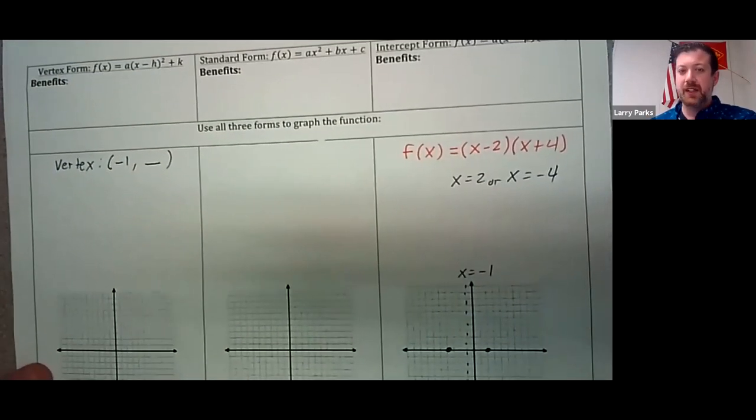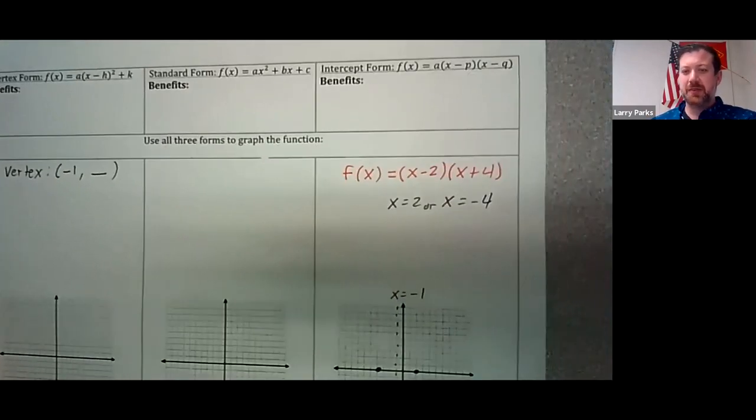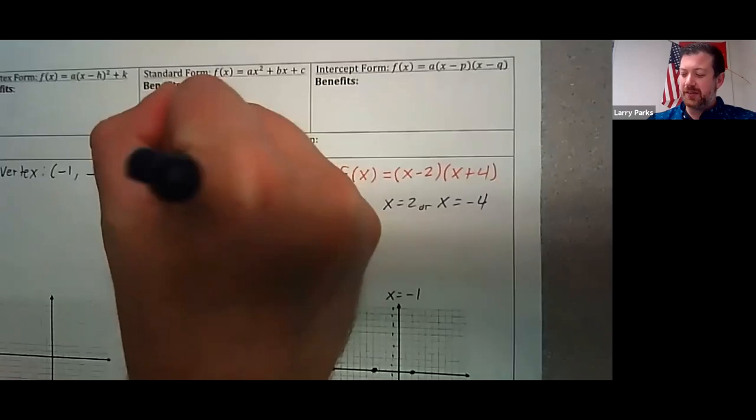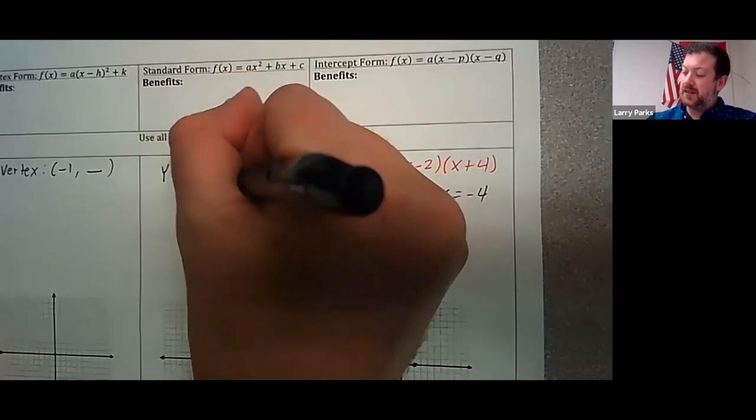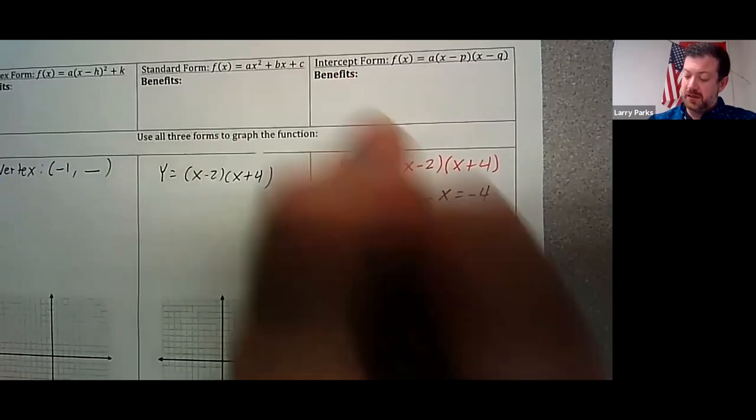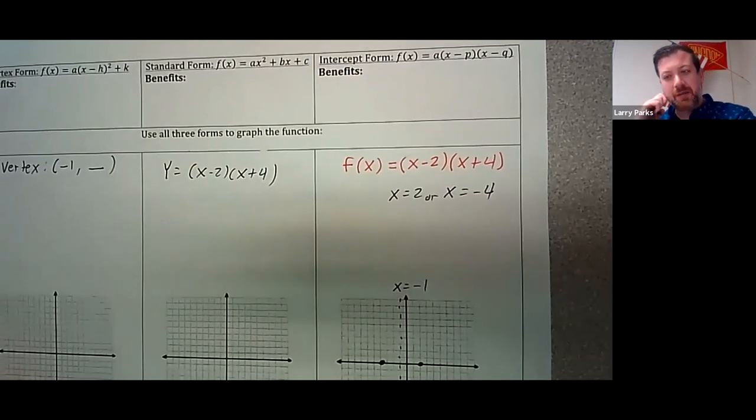Okay. Now to get to standard form, it's actually pretty easy. I'm just going to distribute. And again, I'm running out of time here, so I'm speeding up on purpose.